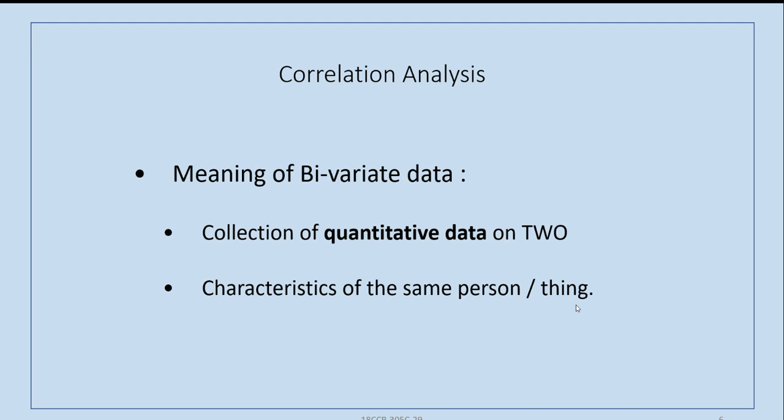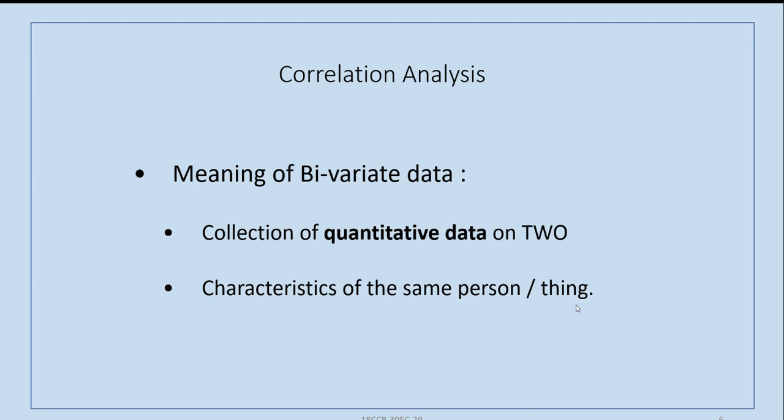Bivariate means collection of quantitative data on two. Quantitative data means which is measured in quantity, kilograms and liters, height, distance, rupees. All these are quantitative data.